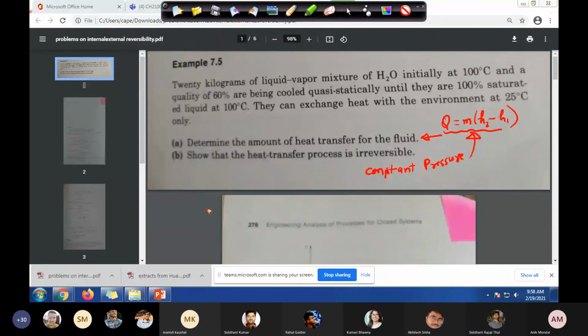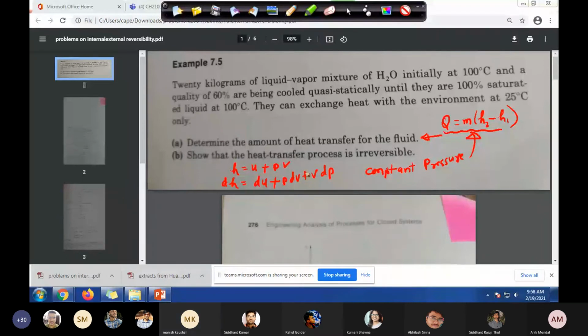Sir, first we will write the expression H equals U plus PV. Okay. And then we will take the difference. Then it will become delta H equals delta U plus delta(PV), which will be PdV plus VdP. Very good.